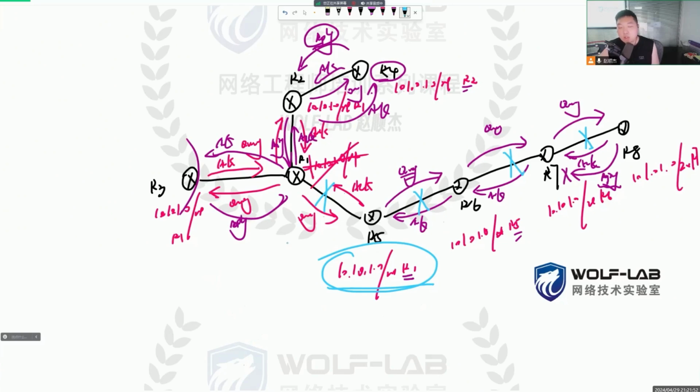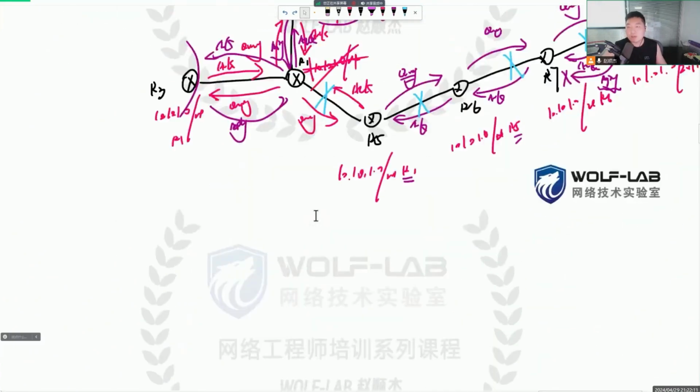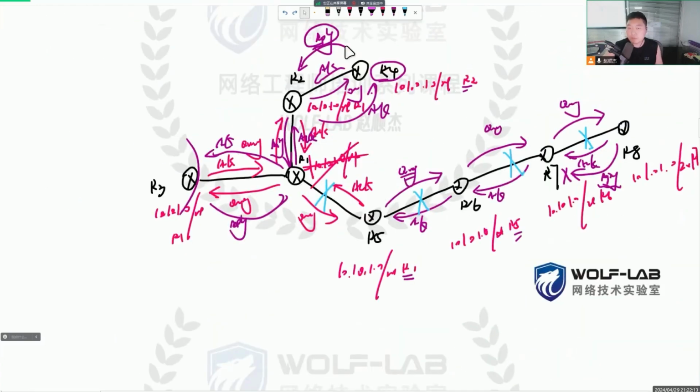Before, I couldn't receive a reply and didn't know whether there were other paths. Now, after reestablishing the neighbor and resending the update data packet, I can still know if there are other paths left. It just takes a little longer and the cost is a bit higher, but through this method I can know this route.